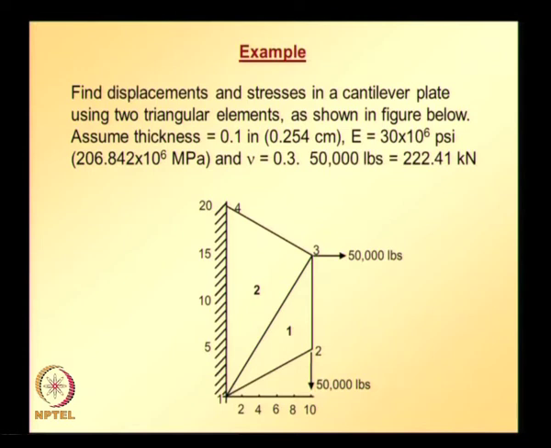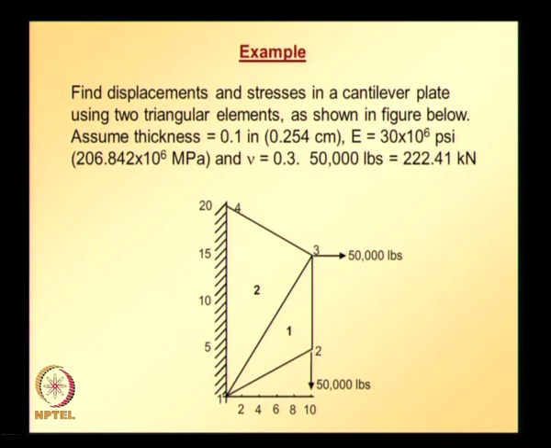Element 1 is connecting nodes 1, 2, 3, element 2 is connecting nodes 1, 3, 4. Since we are dealing with a 2D elasticity problem, at each node we are going to get 2 nodal degrees of freedom.